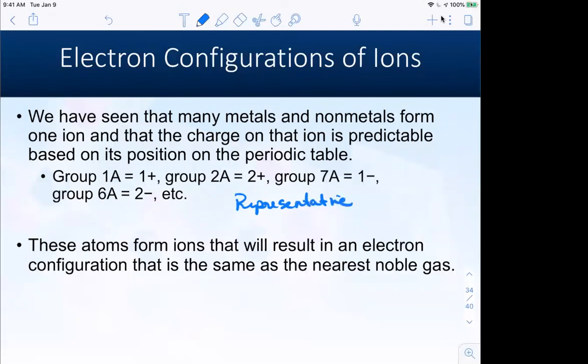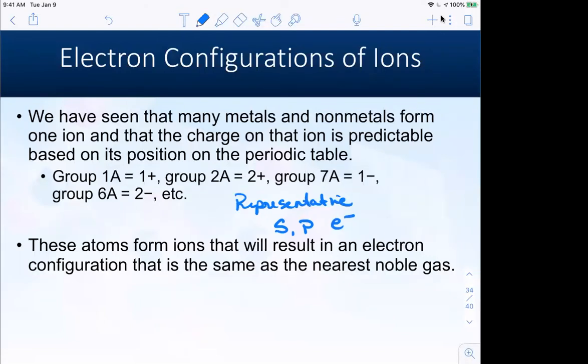And that's because I'm looking at the S and the P electrons only. When I look at transition metals, I'm going to have a much different consideration of atomic or ion charges, because they are multivalent and they form more than one type of ion.